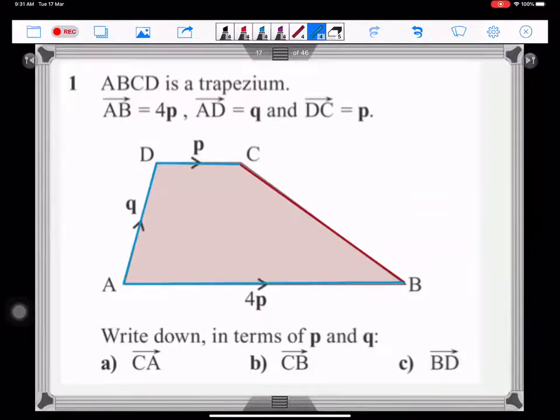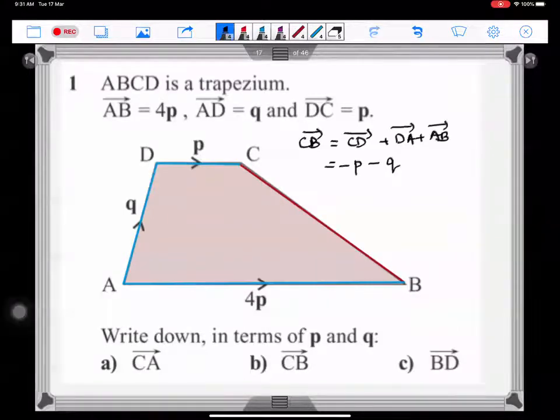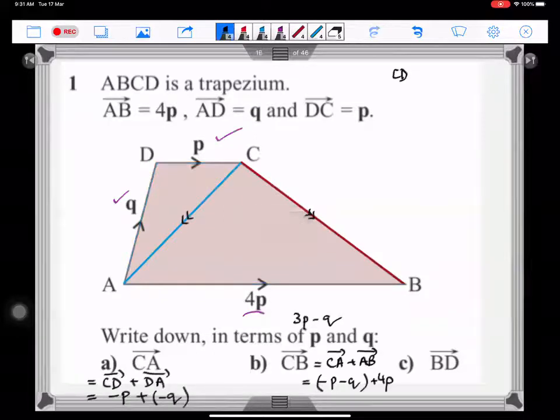So therefore, CB is CD plus DA plus AB. CD is minus P, DA is minus Q, and AB is plus 4P. 4P minus P is 3P minus Q, which is the same answer as before.